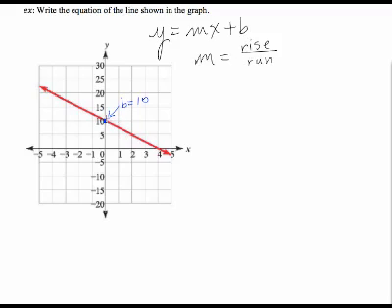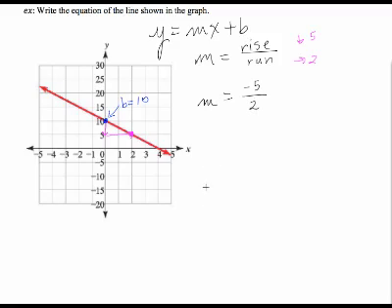I can clearly tell it goes through this point 0, 10. To get to the next point, I just need to go down 5, right 2. Looks like it definitely goes through that point right there. So I went down 5, right 2, which means the slope is negative 5 over positive 2.